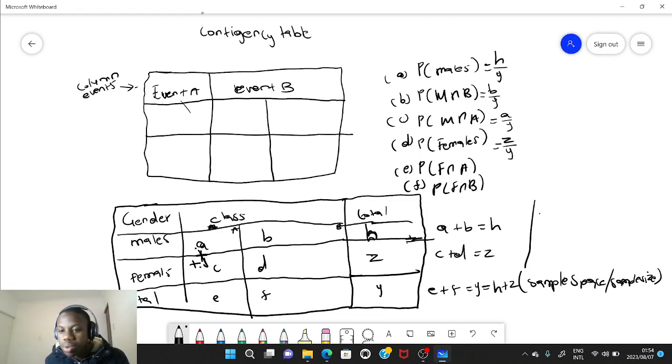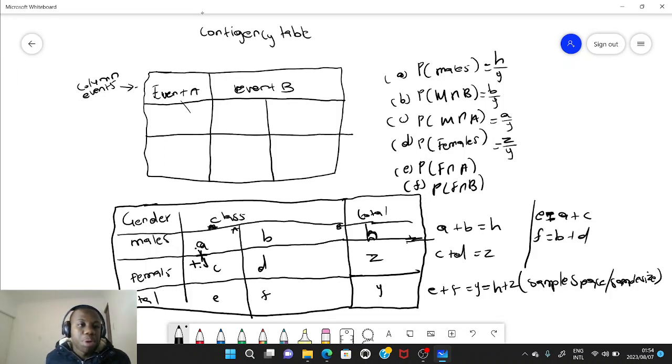The same thing applies with F. We know that F is the total of this column, so F is equivalent to B plus D.